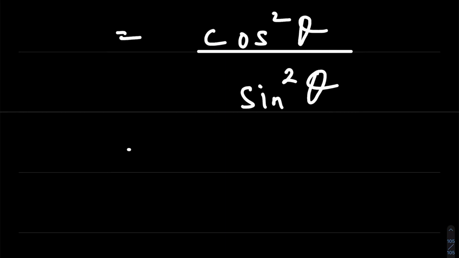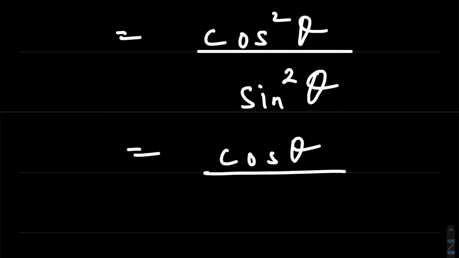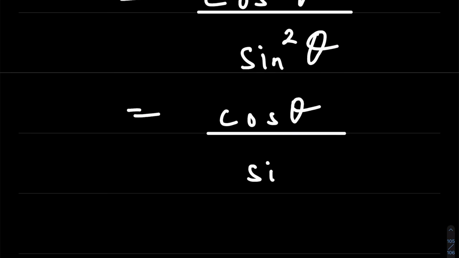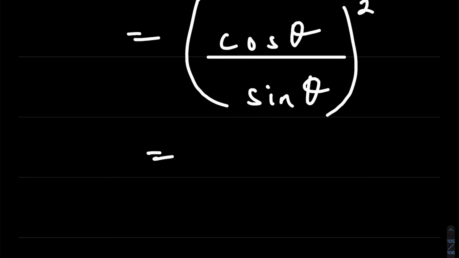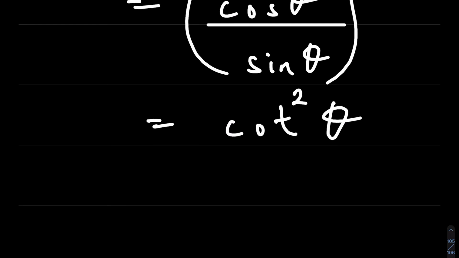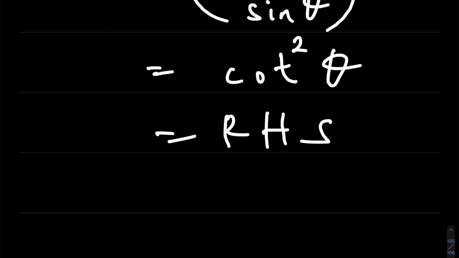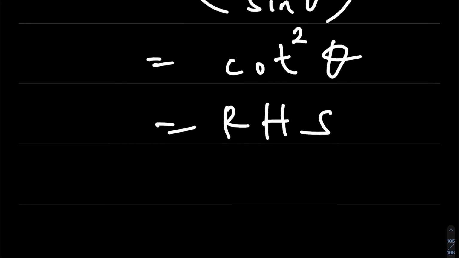And this is the same as writing cos theta over sine theta, all squared, which is cot squared theta. And that's the right hand side, which is the proof, very, very simply.